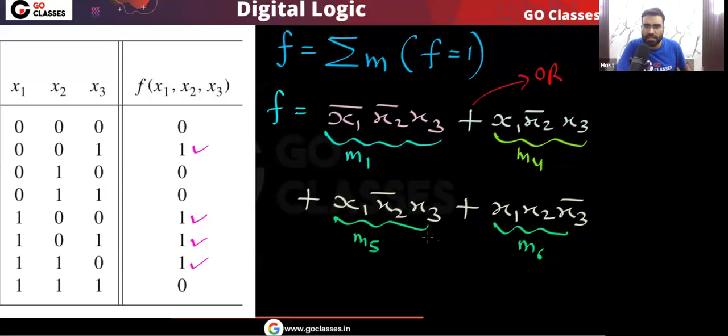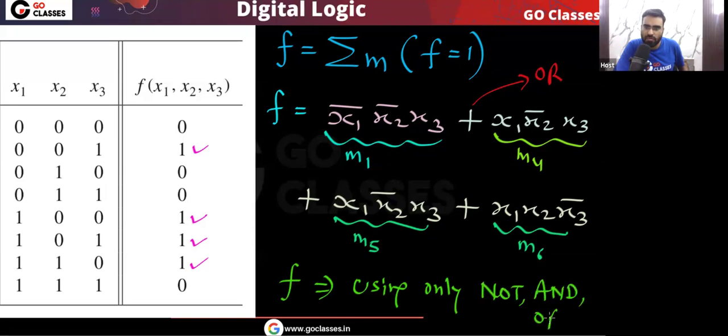So what I can say is that this function I am expressing using only NOT, AND, and OR. Is this clear? So this is the point.